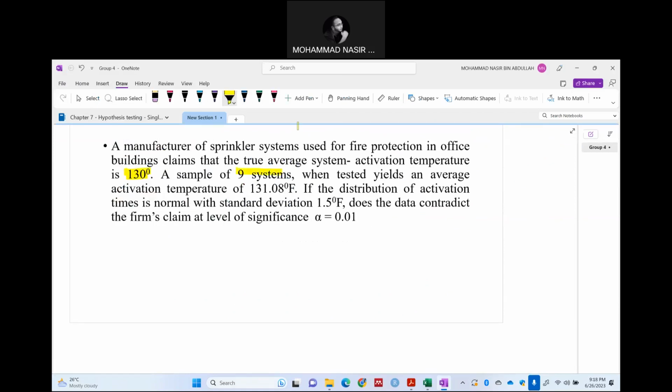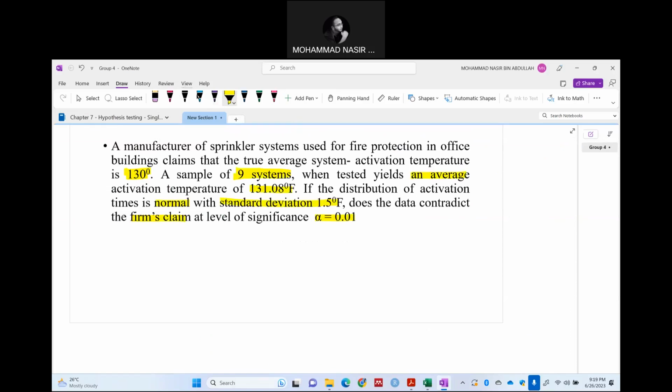A sample of 9 systems when tested yields an average activation temperature of 131.08 Fahrenheit. If the distribution of activation time is normal with standard deviation 1.5 Fahrenheit, does the data contradict the firm's claim at significance level 0.01?